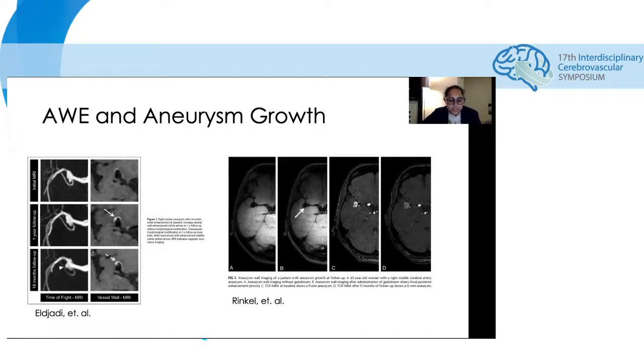And on the right, you can see a figure from a study by Wrinkle showing that enhancement at baseline on the T1 post, panel B, can be shown to be correlated to aneurysm growth. So you can see panel C and D time of flight images at baseline and follow-up, with a follow-up time of about 1 year.